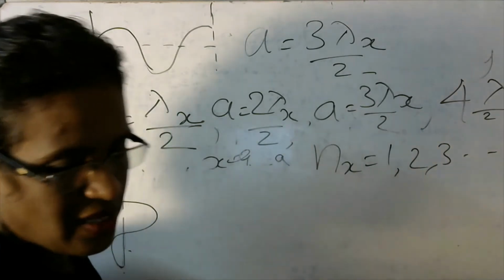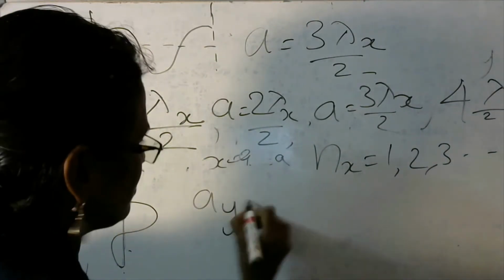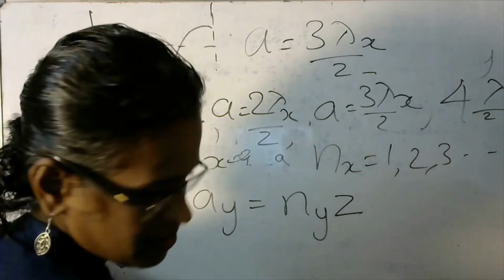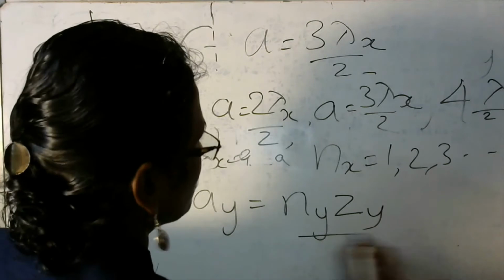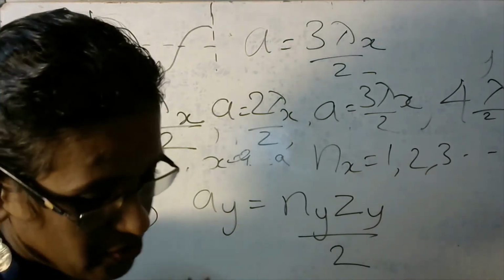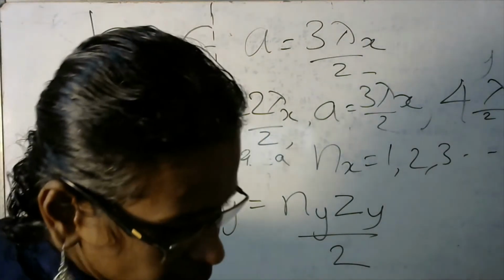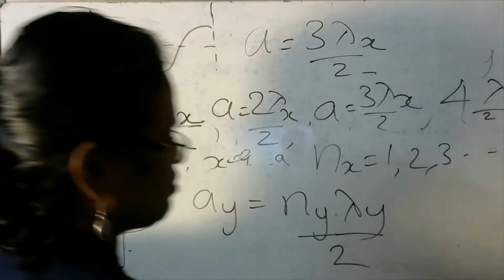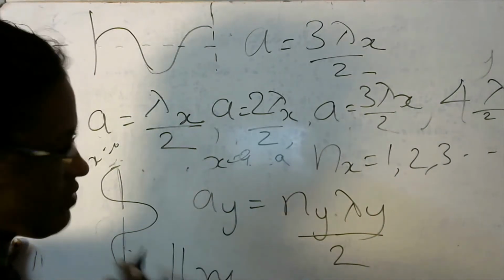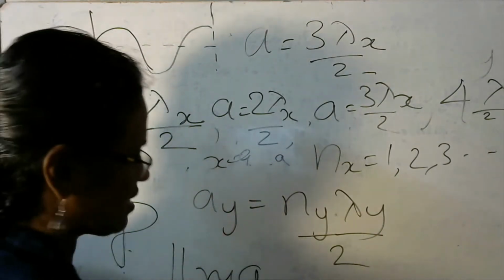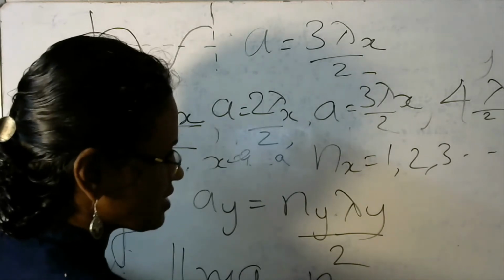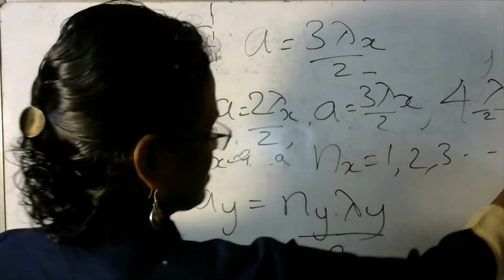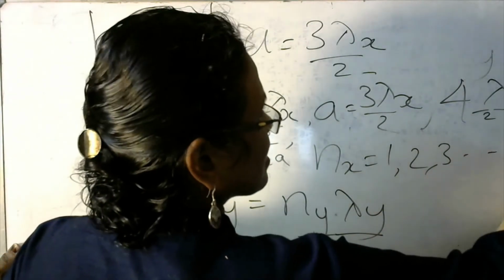So I can write it in general as ay is equal to ny lambda y by 2. Similarly, for the wave traveling along the z direction, I will write az is equal to nz lambda z by 2.